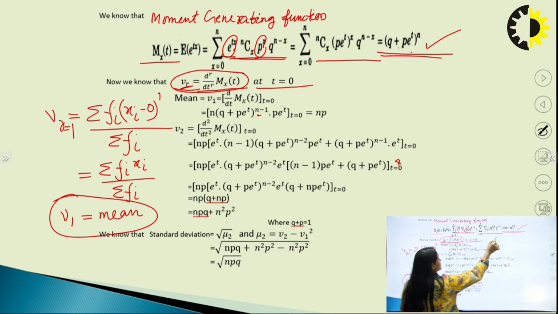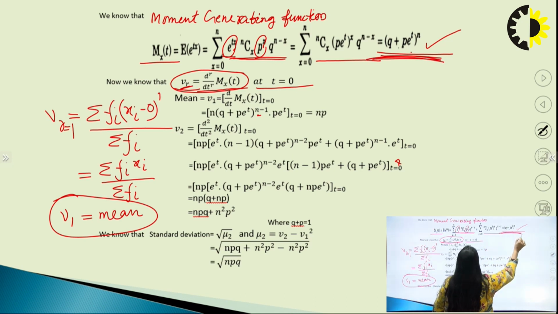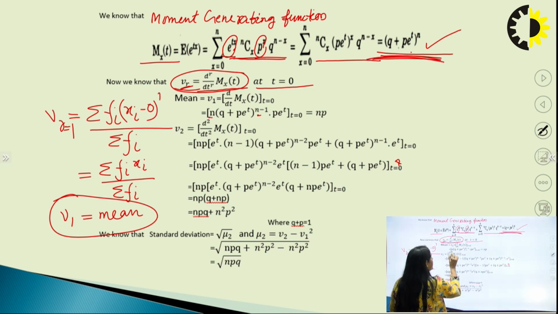So when I will differentiate this n times, what I will get? n into (q plus p e to the power t) whole to the power n minus 1, and the differentiation of q will become 0 and this will occur as it is. So we will get p into p e to the power t. Now let us substitute t is equal to 0.